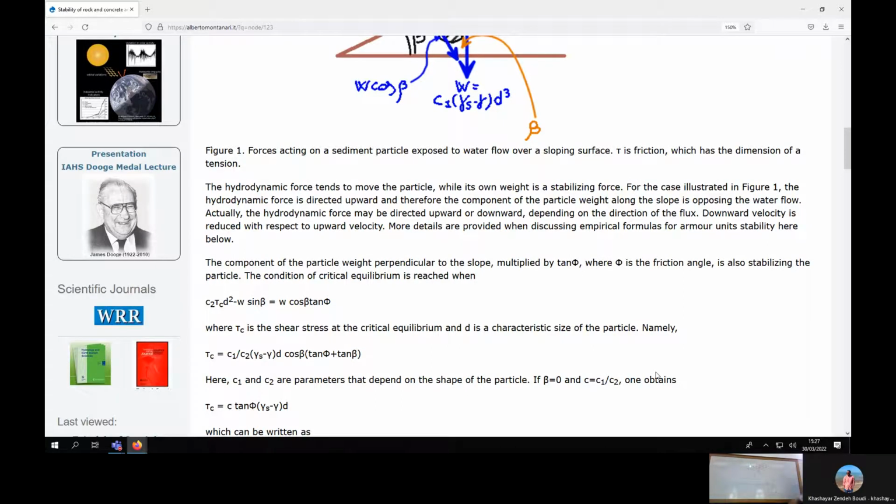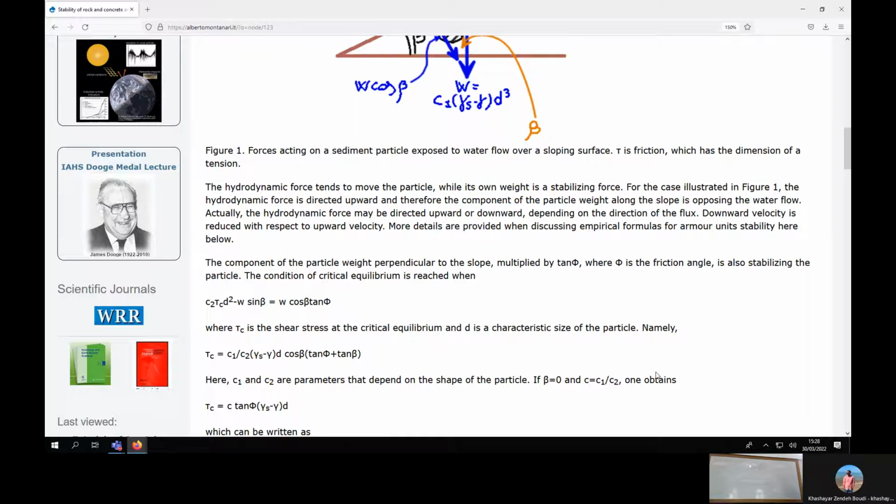Why tan phi? What is tan phi? Phi is the friction angle. And you know that if you want to estimate the friction originated by a vertical component, you have to multiply the vertical component, the vertical forcing, which is W cos beta, by tan phi, where phi is the friction angle.